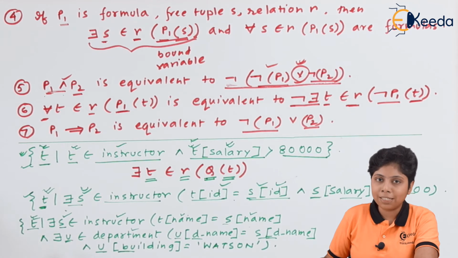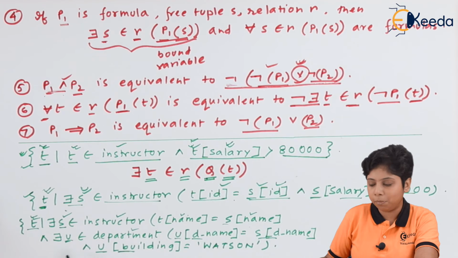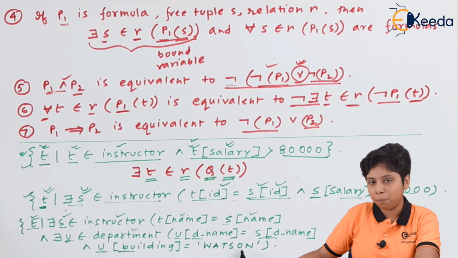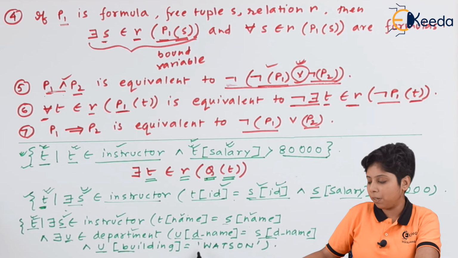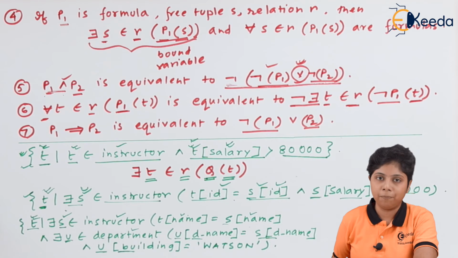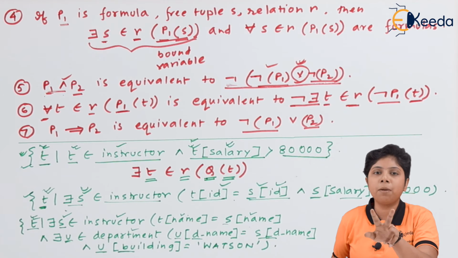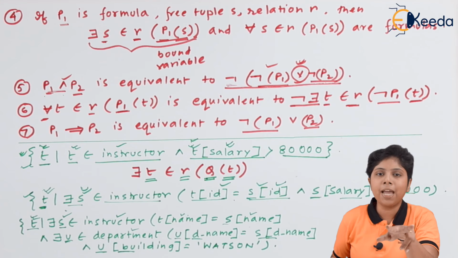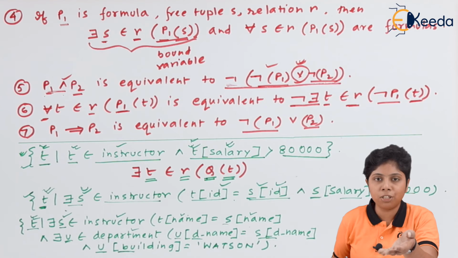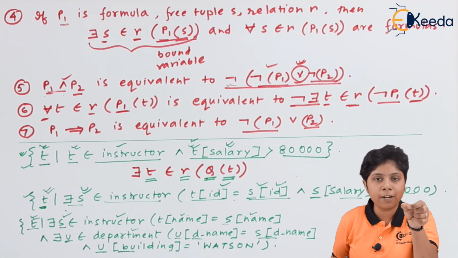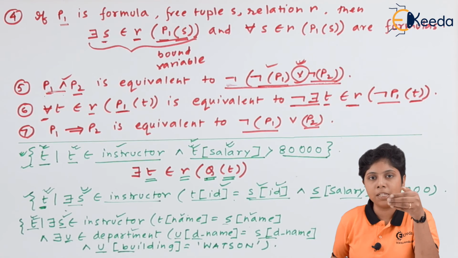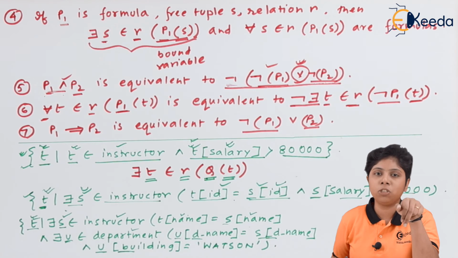So my final resultant record will be the instructor from the department which lies in the Watson building. In this way we can combine more than one relation by introducing more than one variable and checking against some attributes of that particular variable, so that the two tables can be joined or merged together.